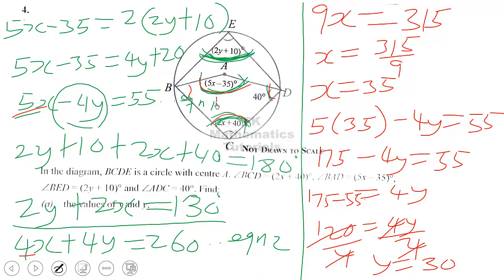So this angle here is 140 degrees. Then let's find 2x plus 40. So 2 times 35 plus 40. So this angle here is 110.